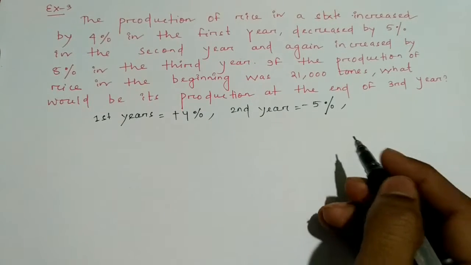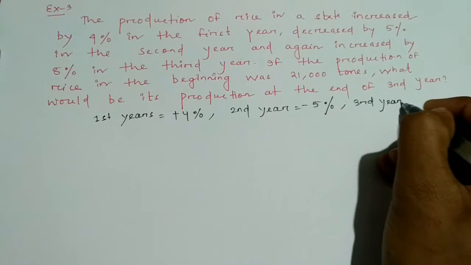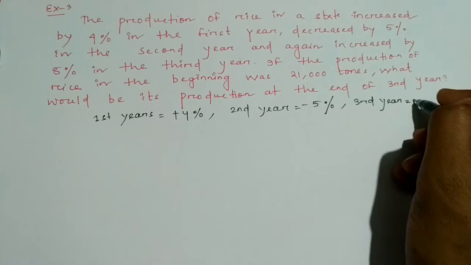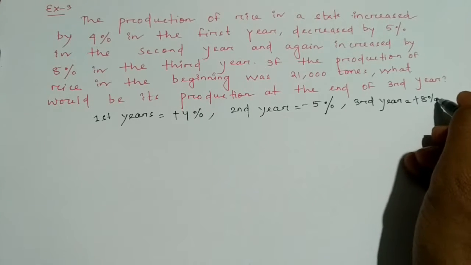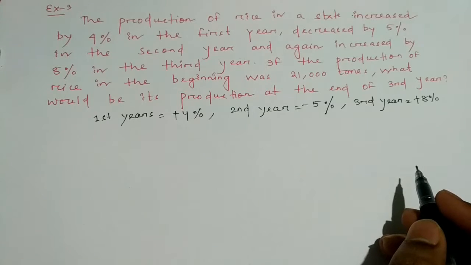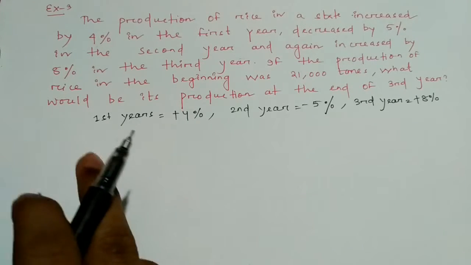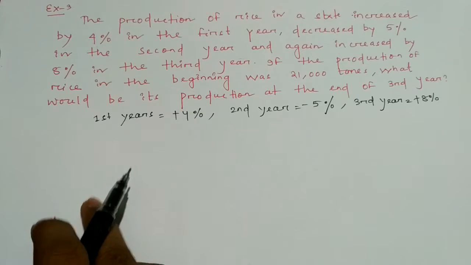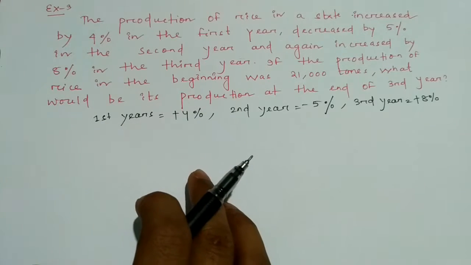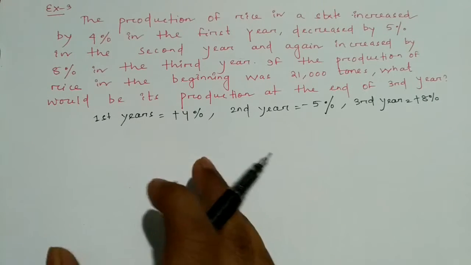That means for the third year it is increased by 8%, meaning plus 8%. It is quite simple, friends. If you see the simple and compound interest part 1, I have already told the concept part. This is exactly the same. And if you totally understand the concept, I think this is a piece of cake for you.